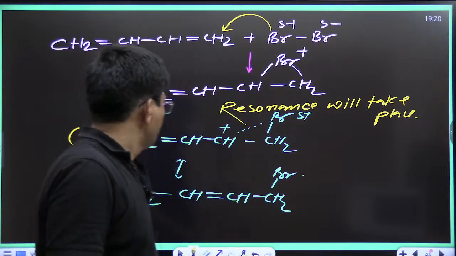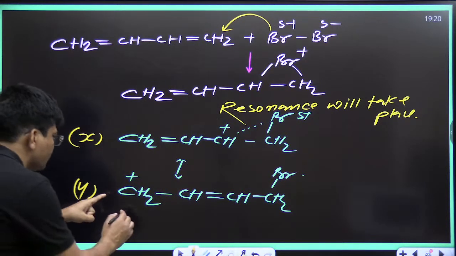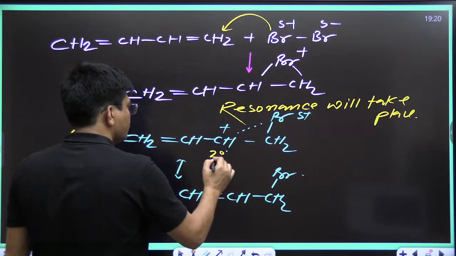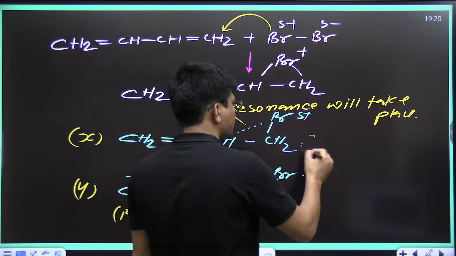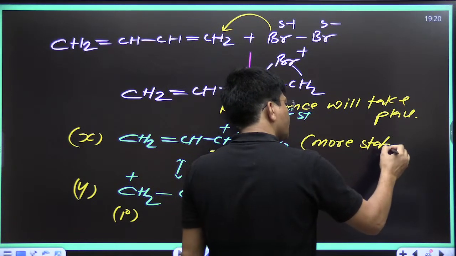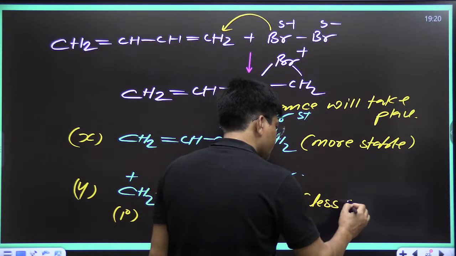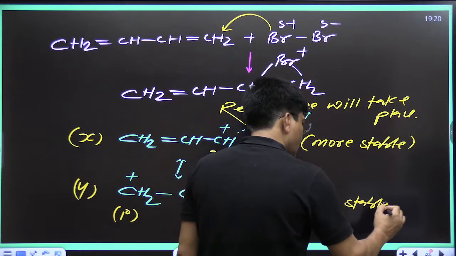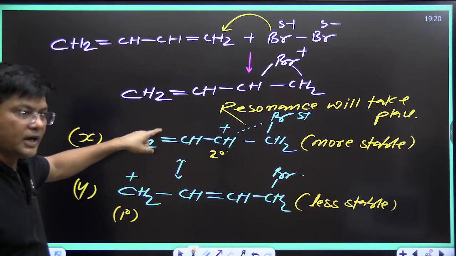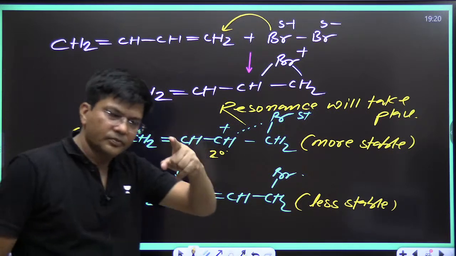So my dear friends, which carbocation is more stable? This carbocation is 1 degree. This carbocation is 2 degree. So definitely this carbocation is more stable, and this one is less stable. If this carbocation is more stable, then it will be formed more, and it's easier for a nucleophile to attack on it.